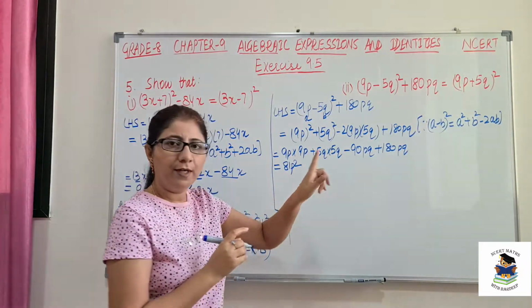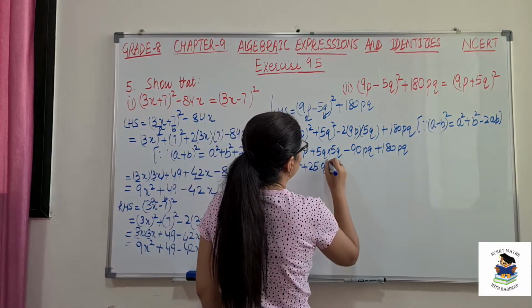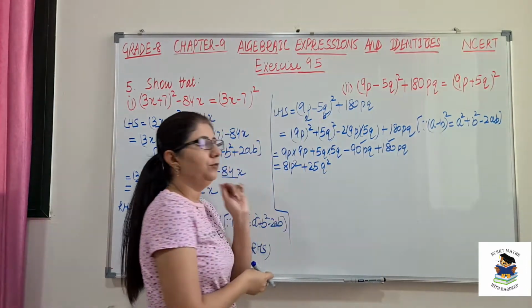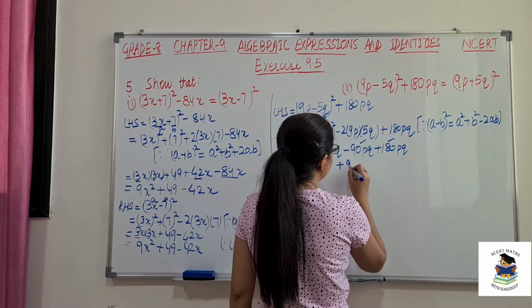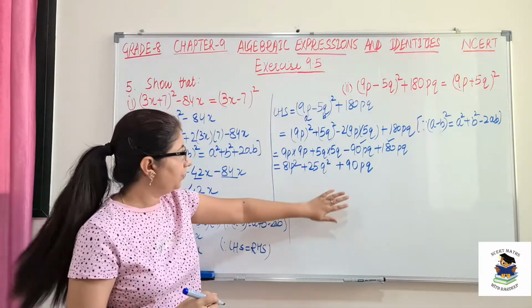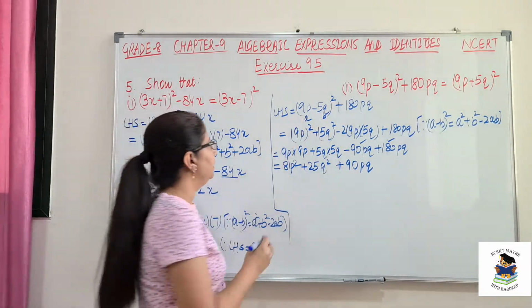Next 5 into 5 as 25. Q into Q as Q square. This is minus 90 plus 180 with the same variables PQ. So minus 90 plus 180 is plus 90PQ. Okay, so we cannot simplify it further. We'll leave it here. Now let's see the right hand side.